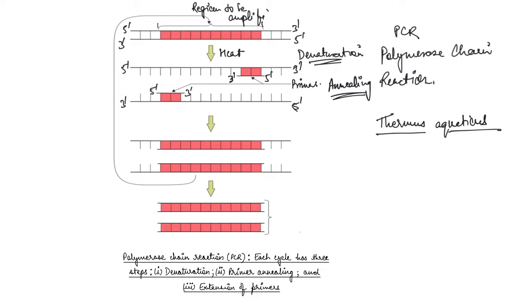So first is denaturation, then annealing. Now after this we add DNA polymerase. Guys, it is also known as Taq polymerase. Why Taq polymerase? Because it has been isolated from the bacterium Thermus aquaticus, TAQ, Taq.